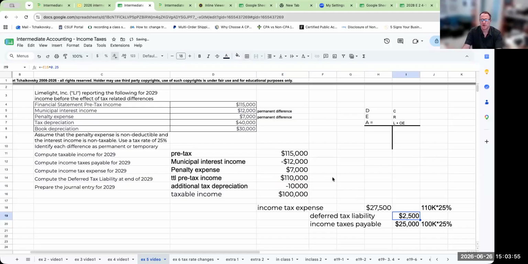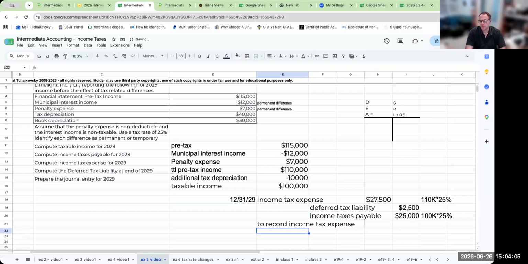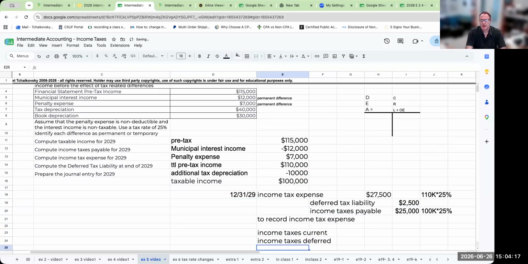Now, as far as my disclosures go, I would want to say over here 12/31/29 to record income tax expense. As far as my disclosures go, I'm really saying income taxes current, income taxes deferred.